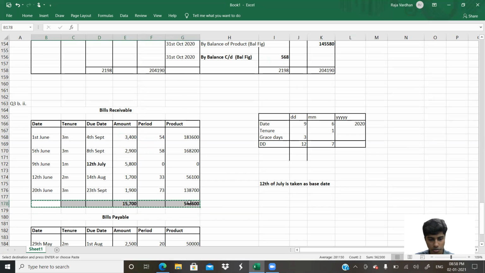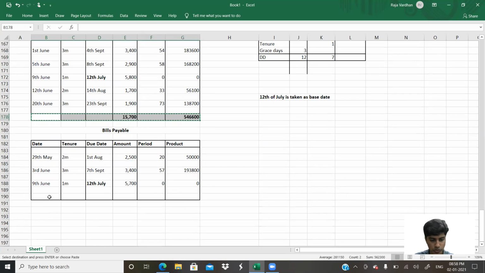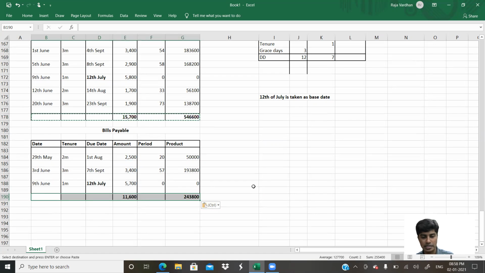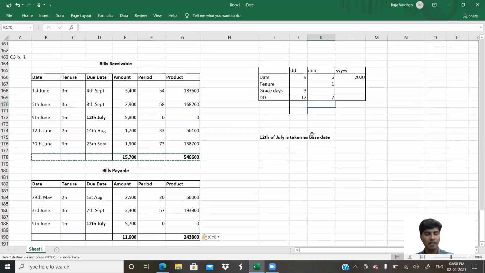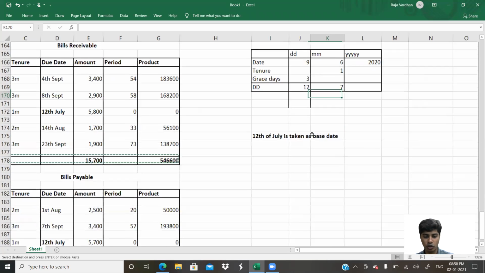I'll find it for bills payable also now. Yes, got it. That's it. So now all I have to do is identify the average due date. How do we do the average due date? We'd have to apply the formula now.